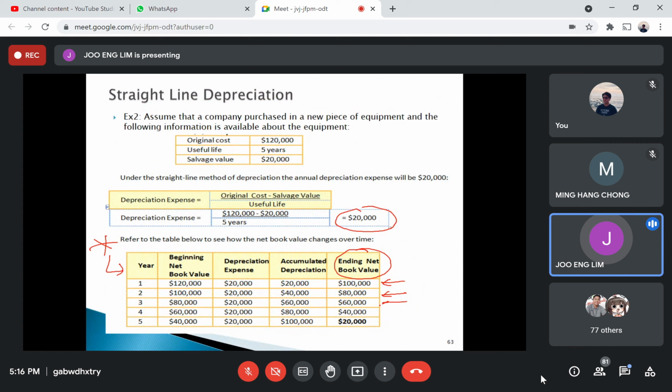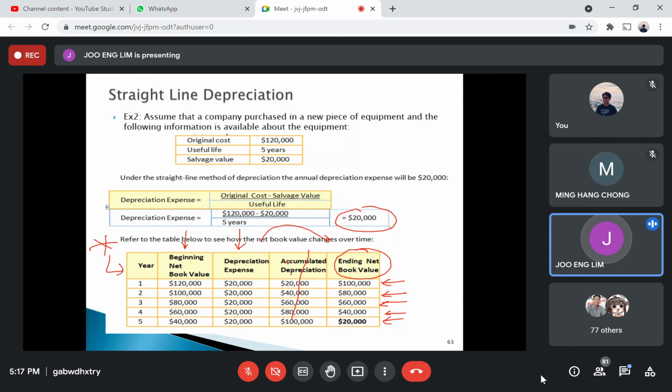So book value is computed year by year because you have to see it at that particular point of time. When we prepare accounting documents, normally it's at the end of the year, so we prepare year by year. So let's look at this. What is the ending book value? You have the beginning book value, then minus your depreciation as an expense, and then you get the value.